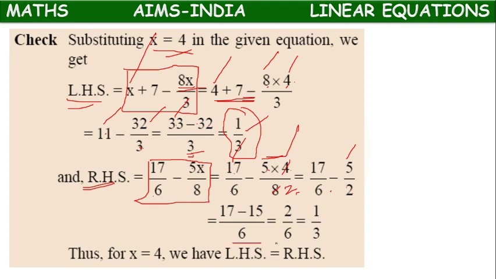LCM of 2 and 6 is 6. 6 ones are 6, 1 into 17, 17. 2 threes are 6, 3 into 5, 15. 17 minus 15, 2. 2 by 6, 2 ones are 2, 2 threes are 6, 1 by 3. LHS is 1 by 3, RHS is also 1 by 3.